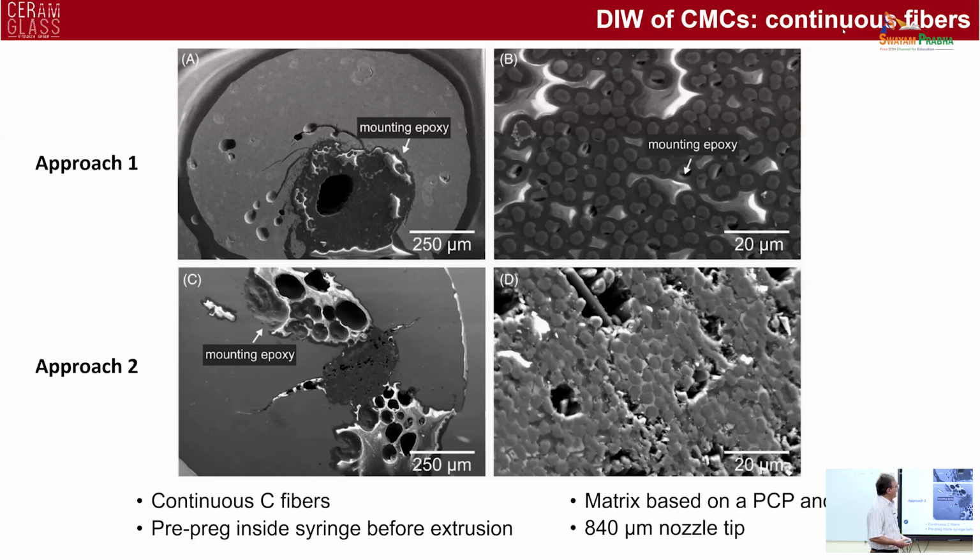But if you look at the infiltration of the matrix between the fibers, you can see that with this pre-pregging approach, the result is rather good. It's not perfect. We have some regions where we still have some voids, but you can see that there is enough matrix between the fibers.